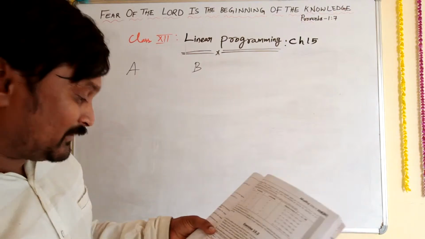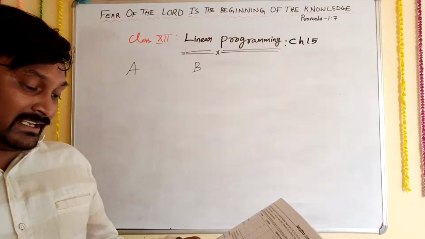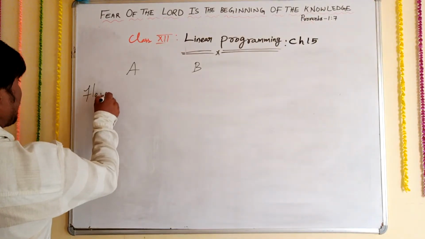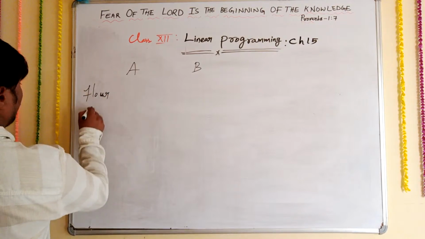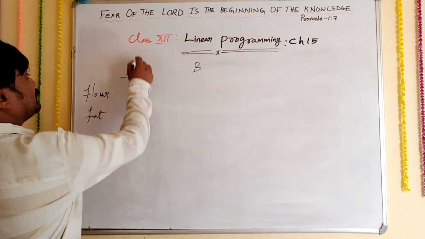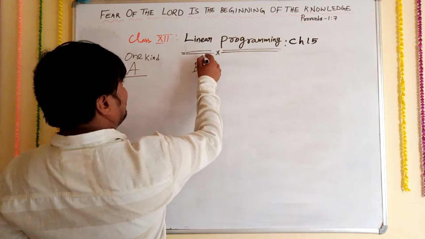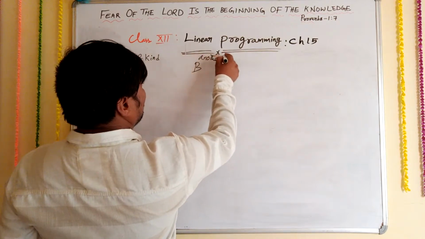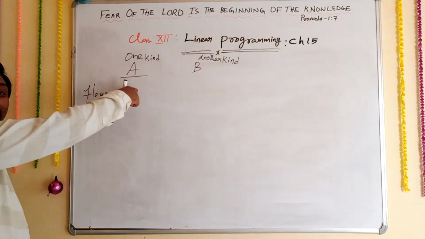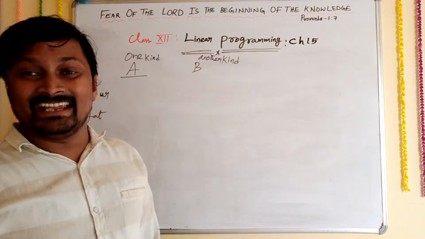So A kind of cake requires 300 grams flour and 15 grams of fat. So here flour and fat. So A is nothing but one kind. B is nothing but another kind of cake. So one kind of cake is nothing but A, and another kind of cake was given as B. Okay.